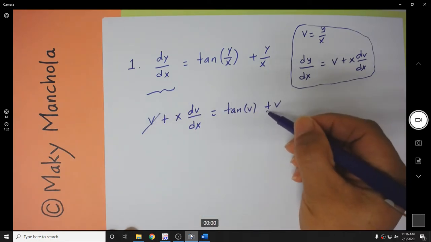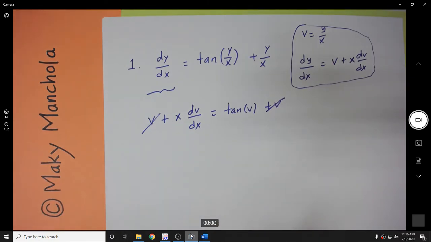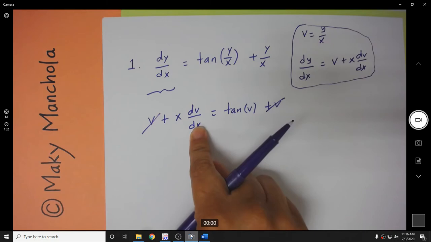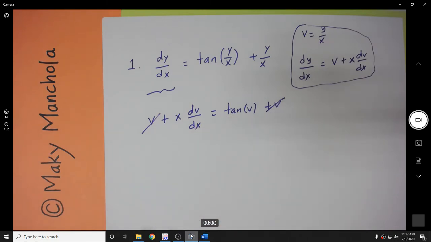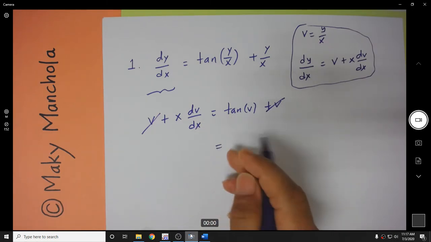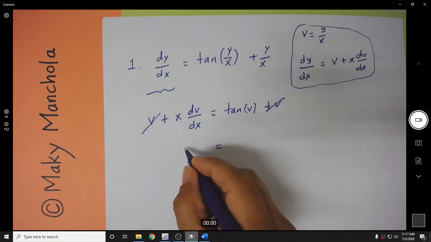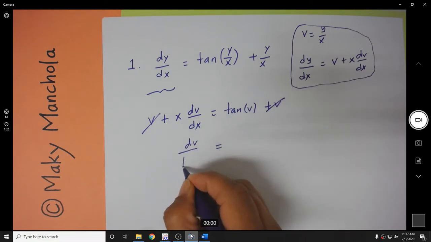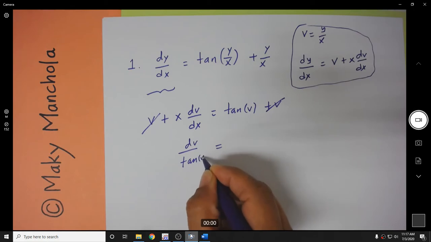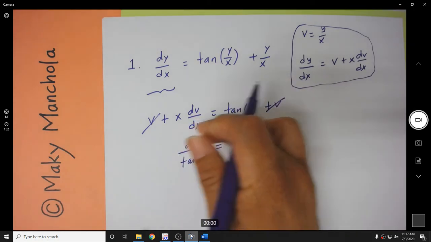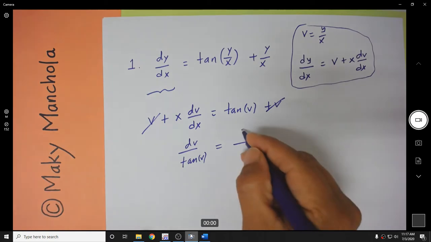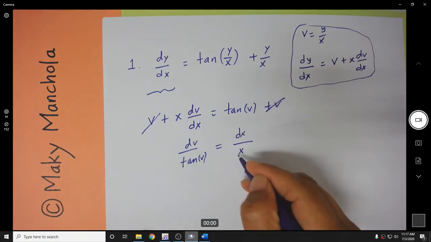Observe that we get some algebraic simplification here. So we end up with x dv dx equals tangent of v. Now our separation here is immediate. Divide both sides by tangent of v. So you get dv over tangent of v. And then cross multiplying dx and dividing by x, we obtain dx over x.